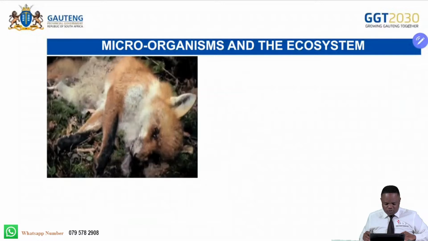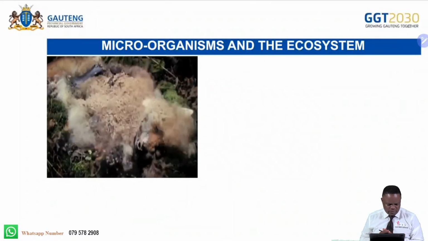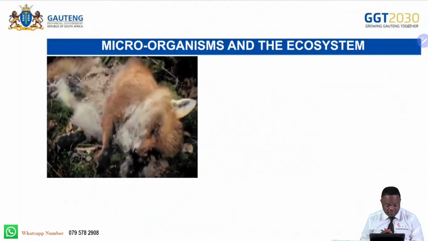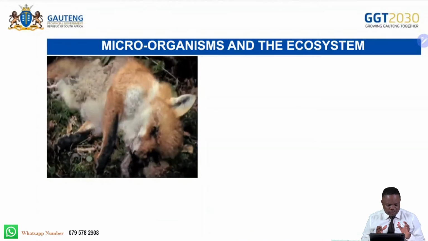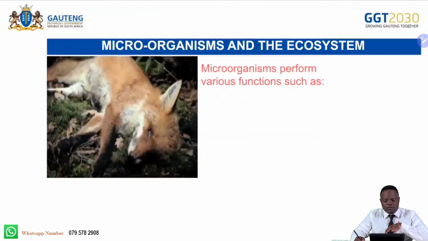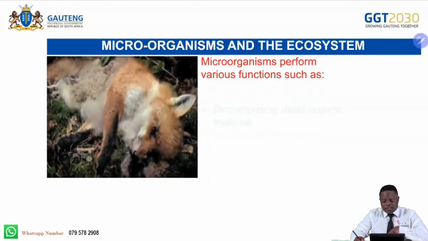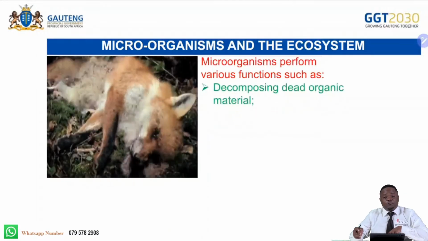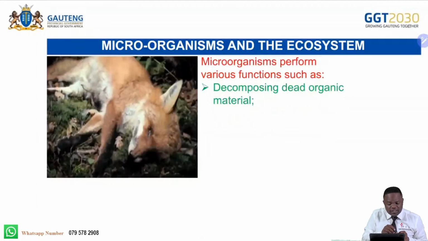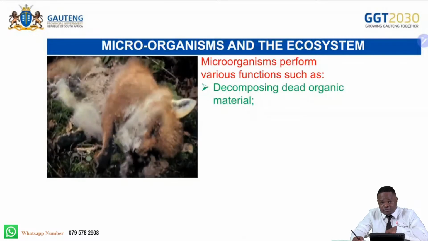Let's take a closer look at our decomposers. Look at that image. We have that dead animal there. Our dead animal is going to be acted upon by our decomposers, and these decomposers have the function of breaking down that organic matter. Remember the energy flow in our ecosystem?